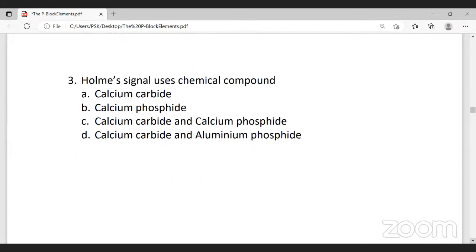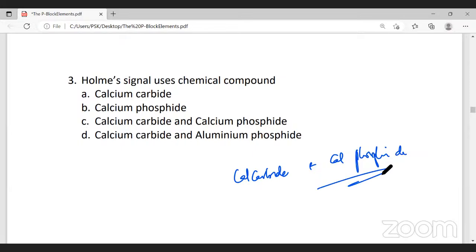What is Holmes' signal? I told you, in the ship, people travel in the night, so they will not be in a position to see the other ships moving around. Therefore, what they do is they take calcium carbide and calcium phosphide in a wooden container, pierce it to form small holes, and that is thrown in water.